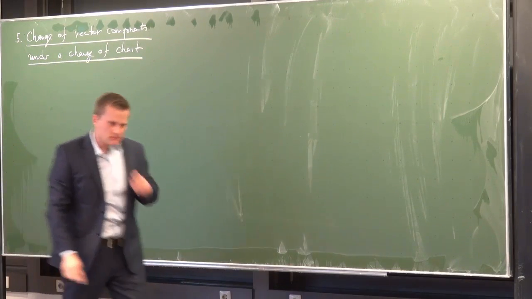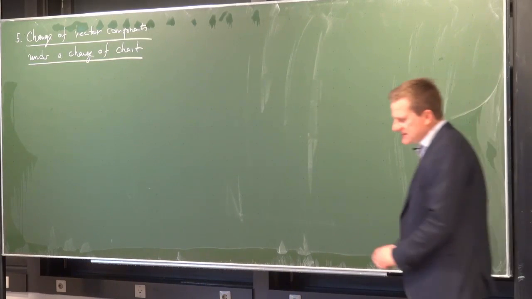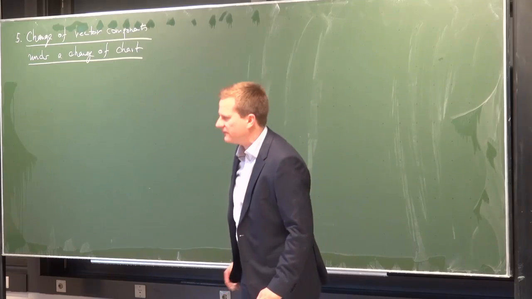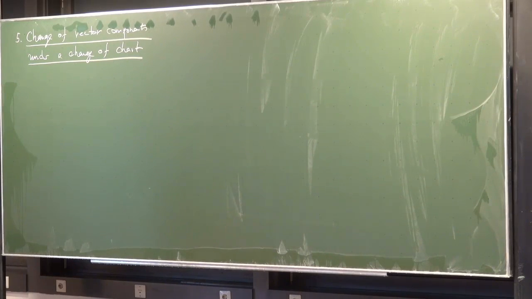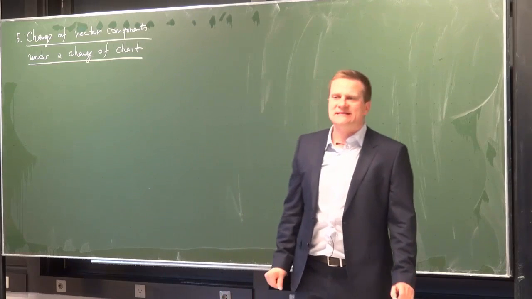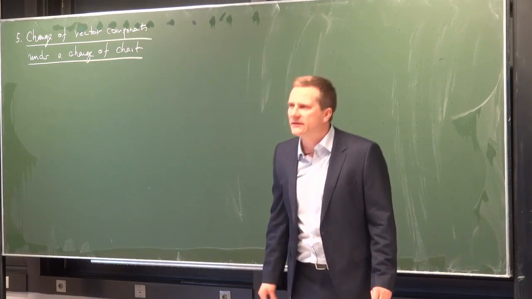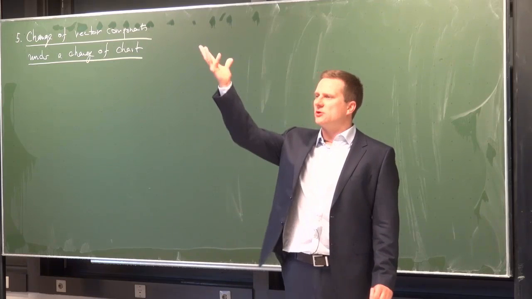Now, in the older literature on differential geometry, statements of the following type are to be found. Tensors transform under a change of coordinate systems as follows. A vector transforms as follows. Well, most precisely, it must say vector components transform as follows, because the vector is an abstract object.